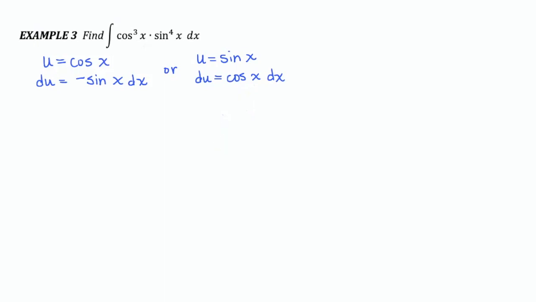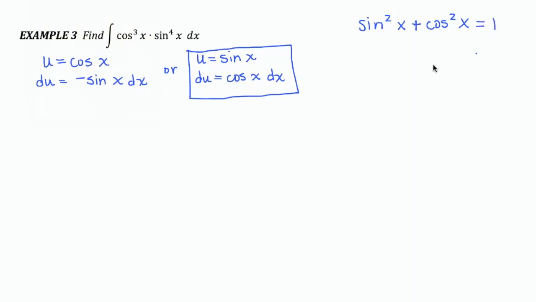So in some way, we need to work with these exponents before we're ready to do our u substitution. Well, there's a trig identity that also relates sine and cosine. This is where you pull out all the tools that seem to have some connection: sine squared plus cosine squared equals 1.